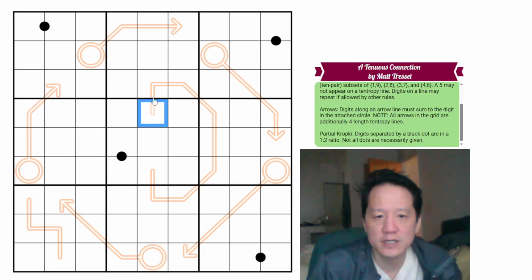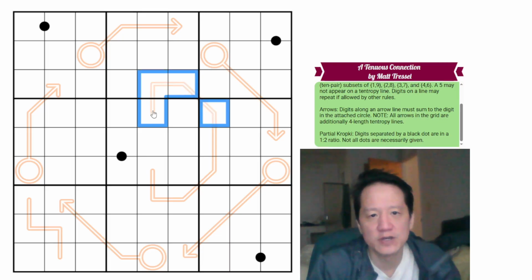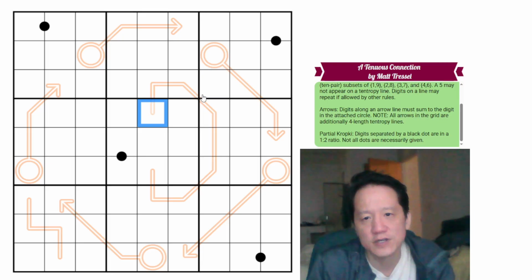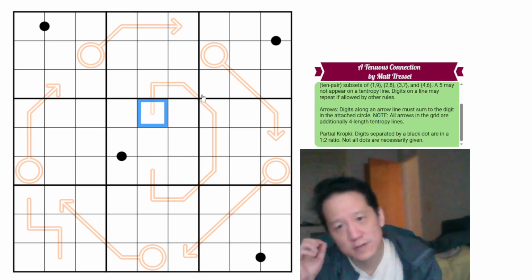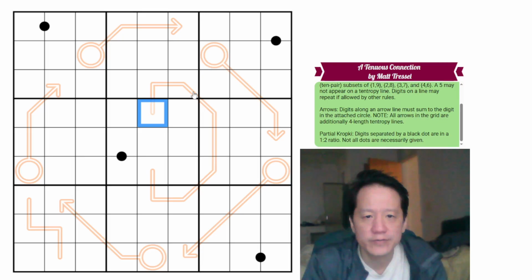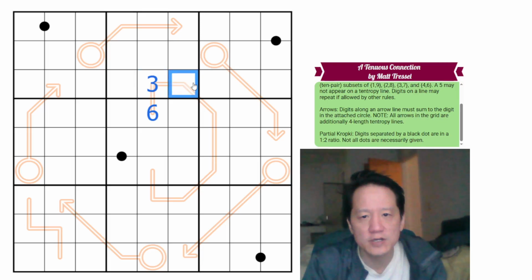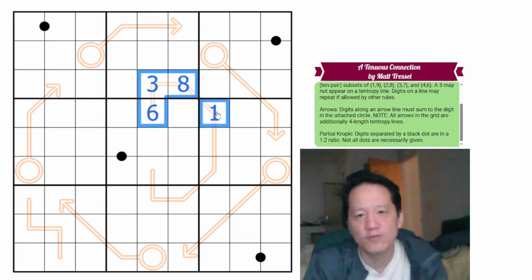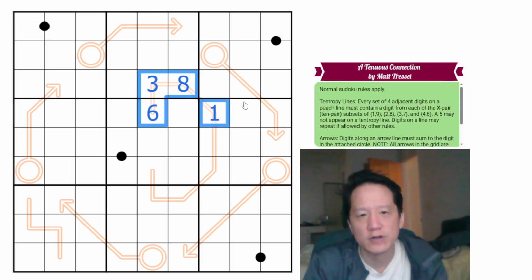So as an example, let's just make this 6, 3, 8, and 1. In this set of 4 digits, every set of 4 adjacent digits on a peach line must contain a digit from each of the x pairs.